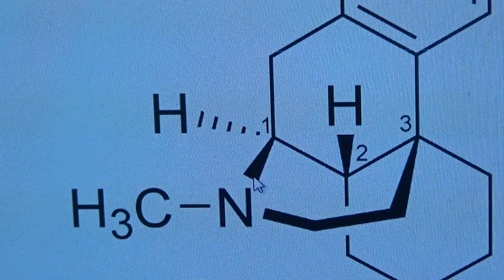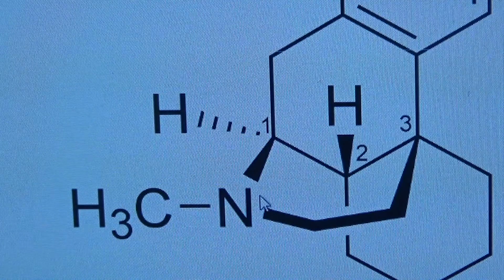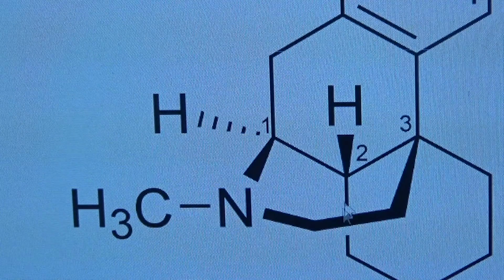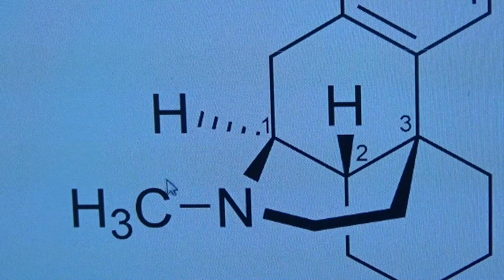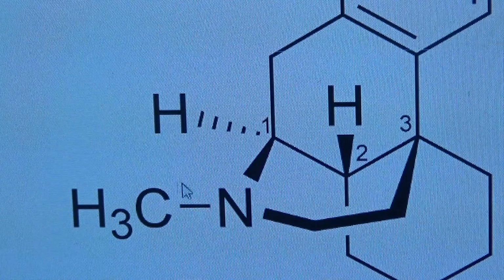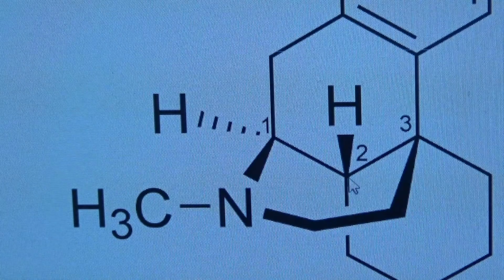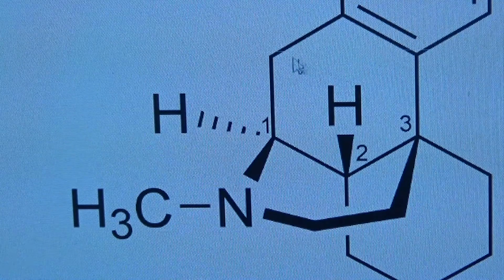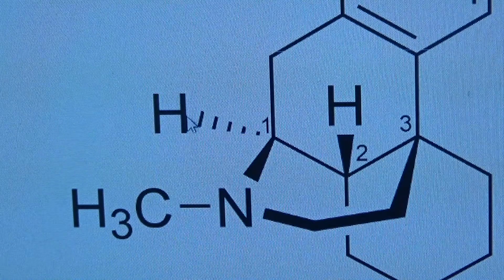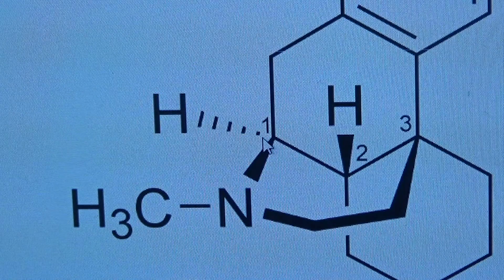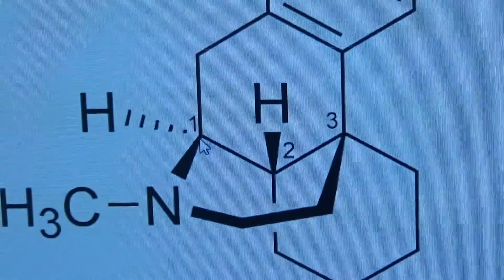So that looks to me like A, B, C. And H is going away, and it's counterclockwise. Counterclockwise is R or S? That's S. So that's actually pretty easy, right? Number 1's easy. Let's try number 2.